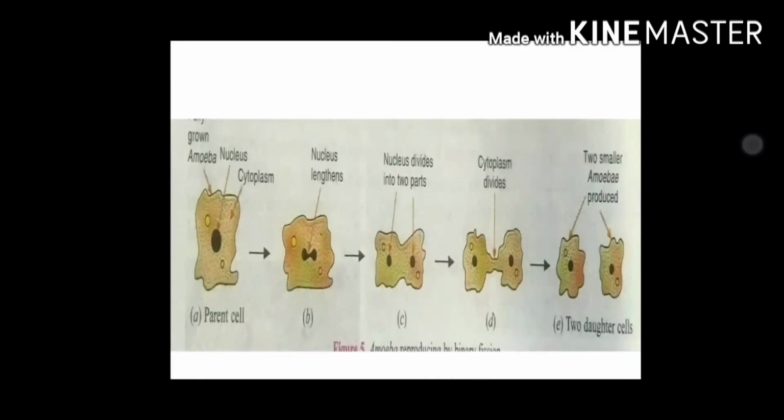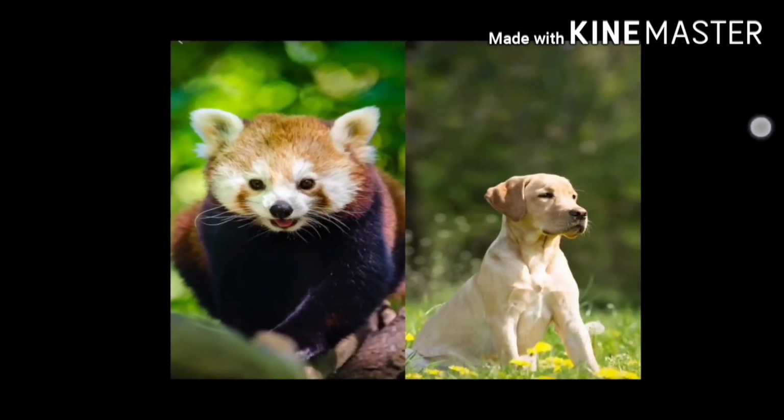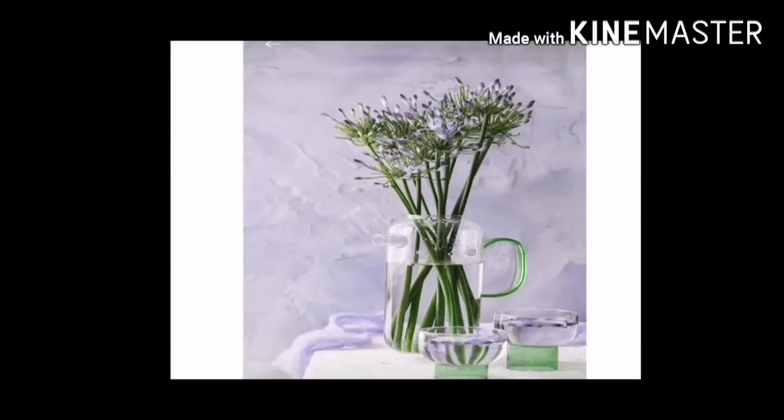Now multicellular organisms like humans, animals and plants have a definite shape and different cells that perform different functions.